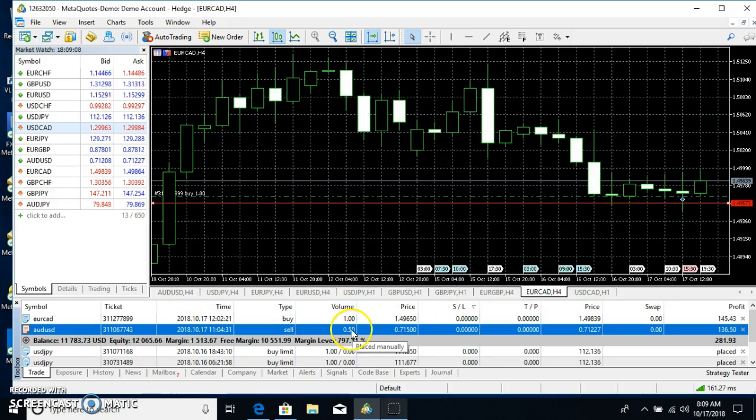Took half, changed the lot size or the volume to 0.50.